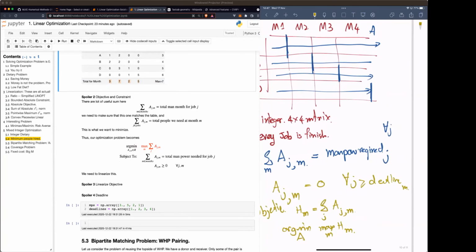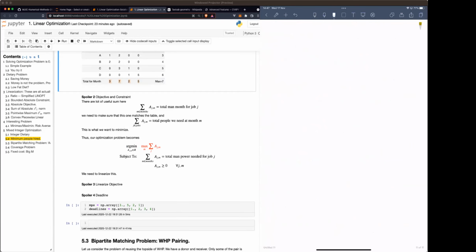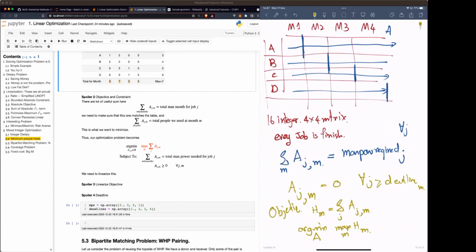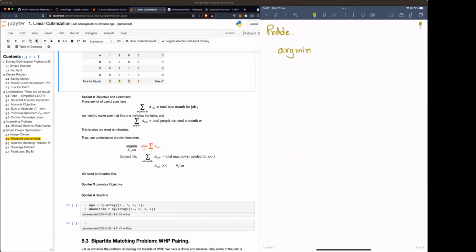Okay. Let me write everything down as the objective. So this is your problem: you want to minimize, over the matrix A, the max over M of H_M. This is the number hired for the month.